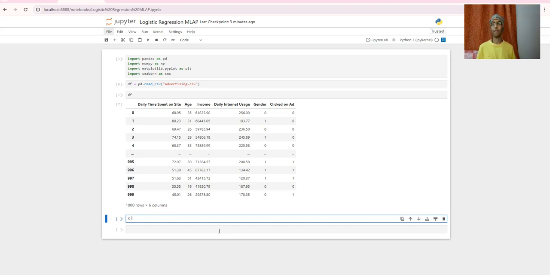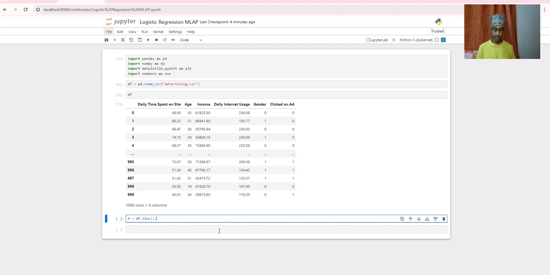First we segregate the features. For that we write X. X is equal to df.iloc. We need all the rows, so for that we write a colon, and we need all the columns except the last one.